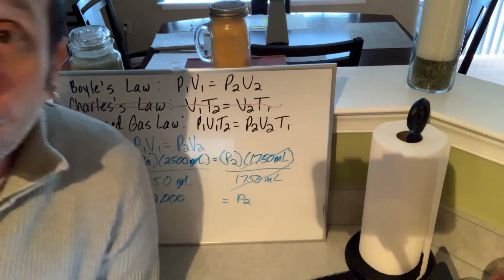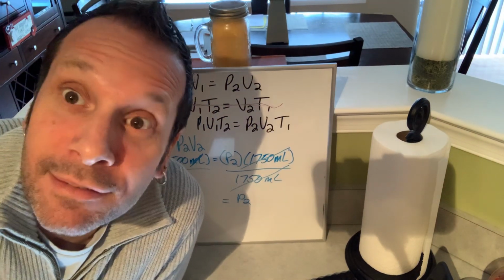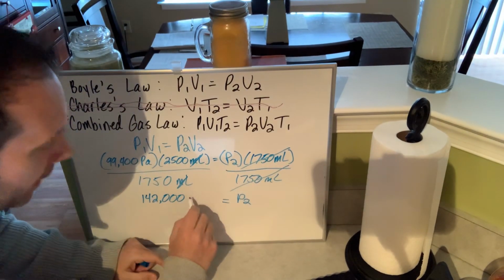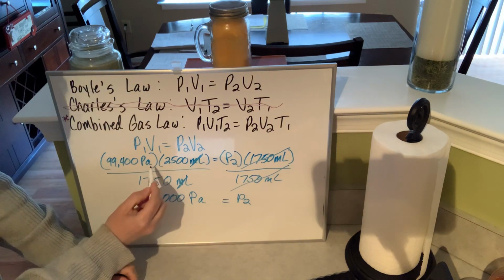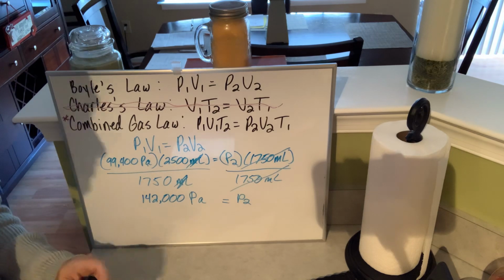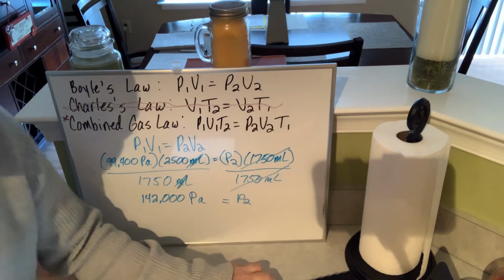Well, 142,000 what? Kitty cats? No. It's going to end up being pascals, or Pa, because that's the only unit that's left. This and this canceled. The numbers didn't, but the unit was still there. All right, so pressure 2 is equal to 142,000 pascals.